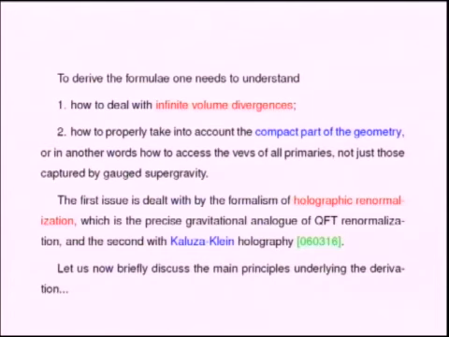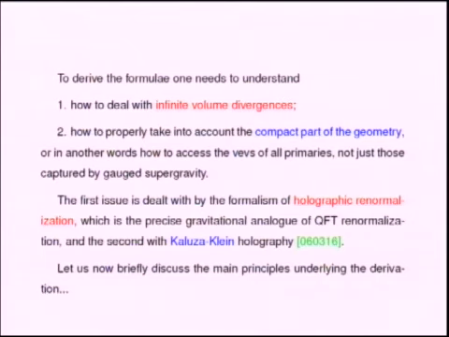In actually deriving such formulae, you have to deal with two separate issues. The first is how do you deal with infinite volume divergences? As I'll come to in a moment, anti-de Sitter is a non-compact space, so we have infinite volume divergences.